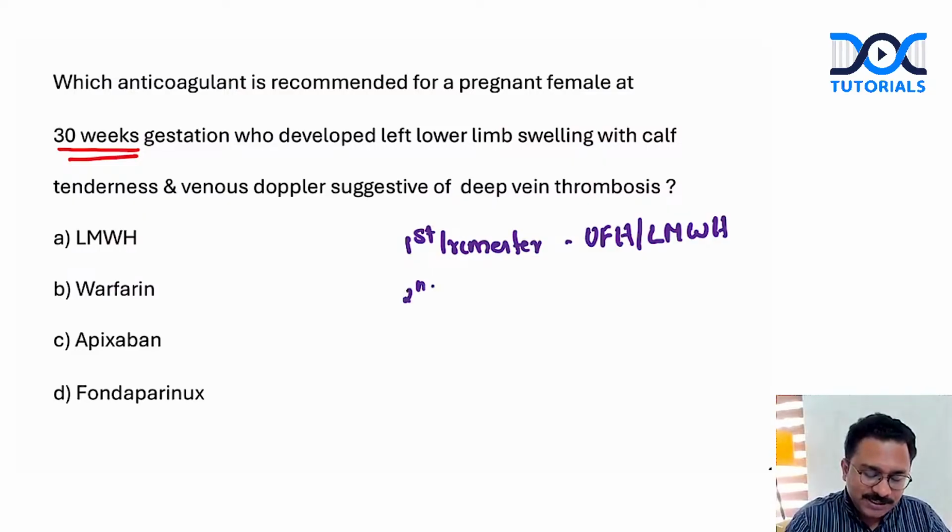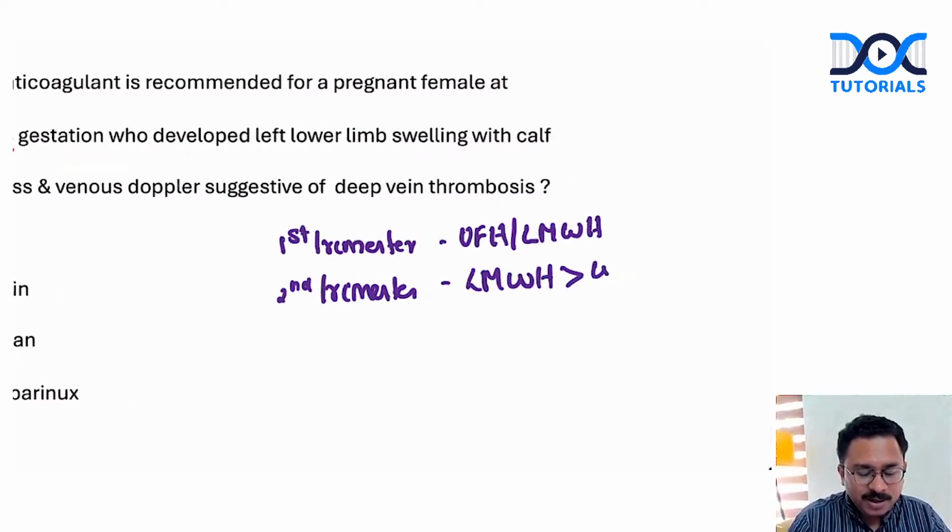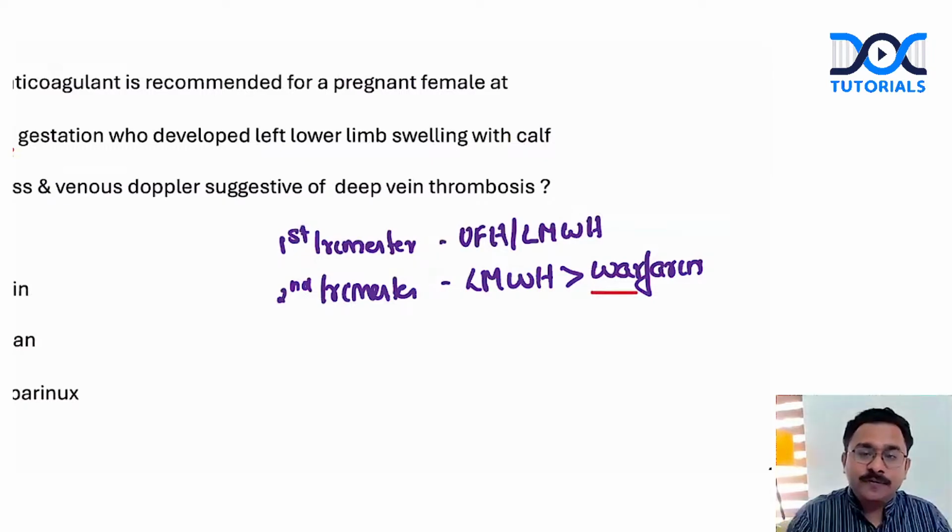Whereas in case of second trimester, what do you think? Here still low molecular weight heparin is preferred over warfarin, no doubt. Do not be under the impression that since you can give warfarin in the second trimester, warfarin is superior to LMWH. It is still LMWH that is preferred. So the ideal scenario is to give LMWH.